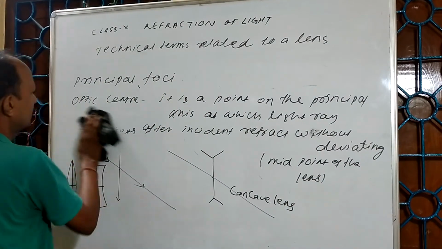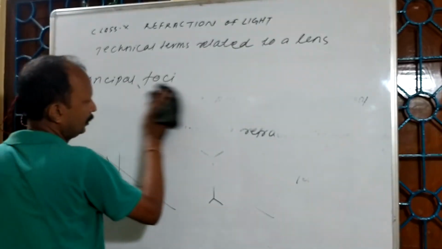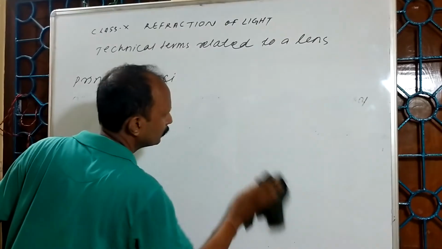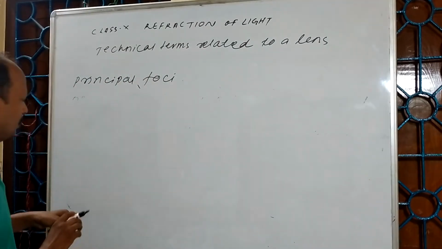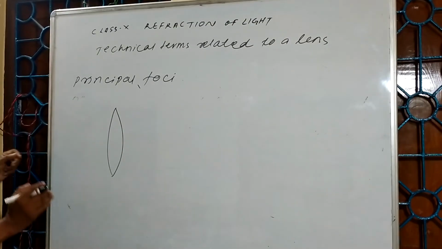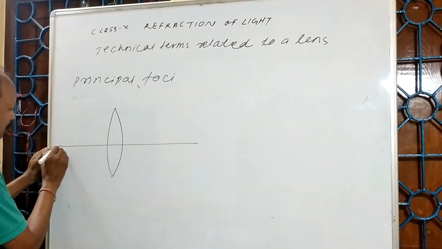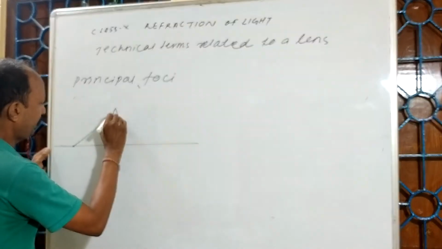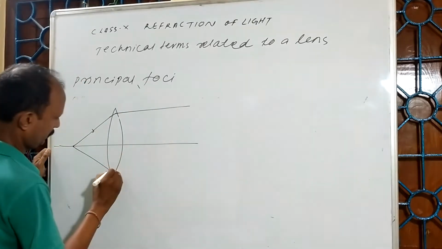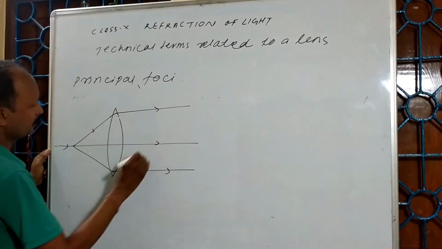Let us come to the principal focus. This is a convex lens. This is the principal axis. Now, from this point, a light ray incident like this. After that, it moves parallel. See that? This is parallel.